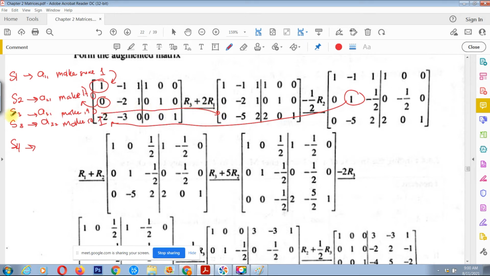Because step 3, we can hold first. So step 4, we make this 1. Step 5.